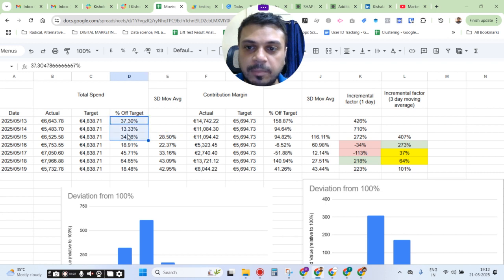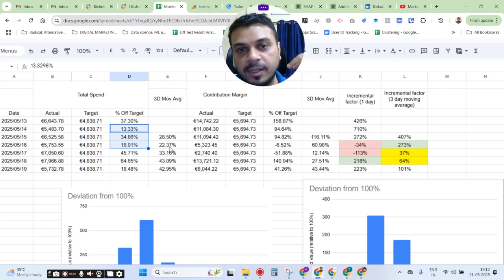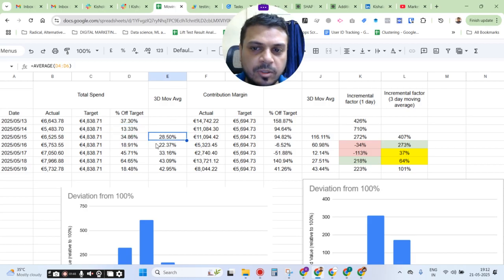I'm just selecting them. The next one, 22.37, is the average of the 3 except the first one, so it starts from the second one. So every time it's getting offset by one row. That's pretty much the basic concept of a simple moving average.